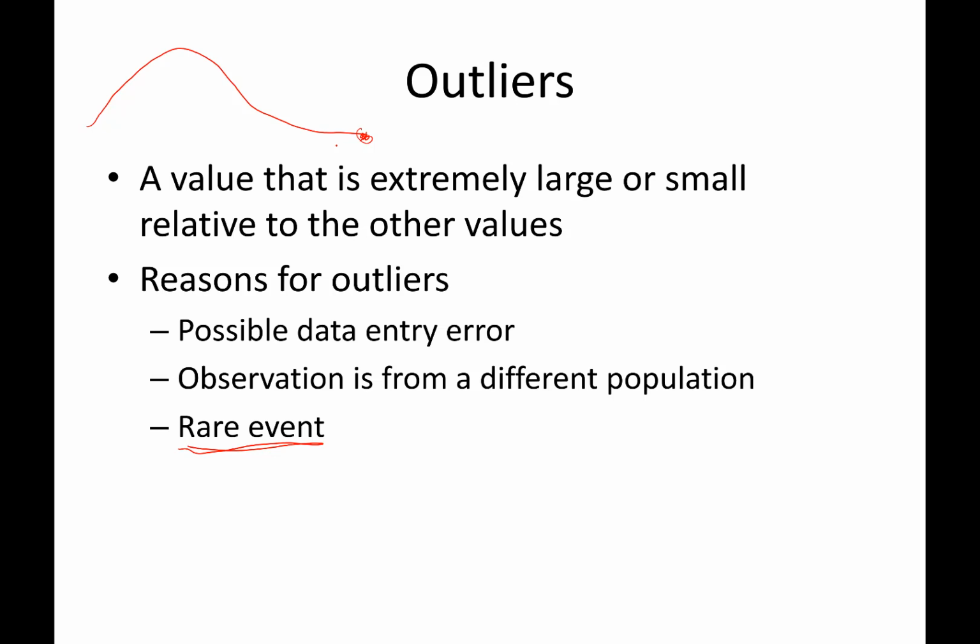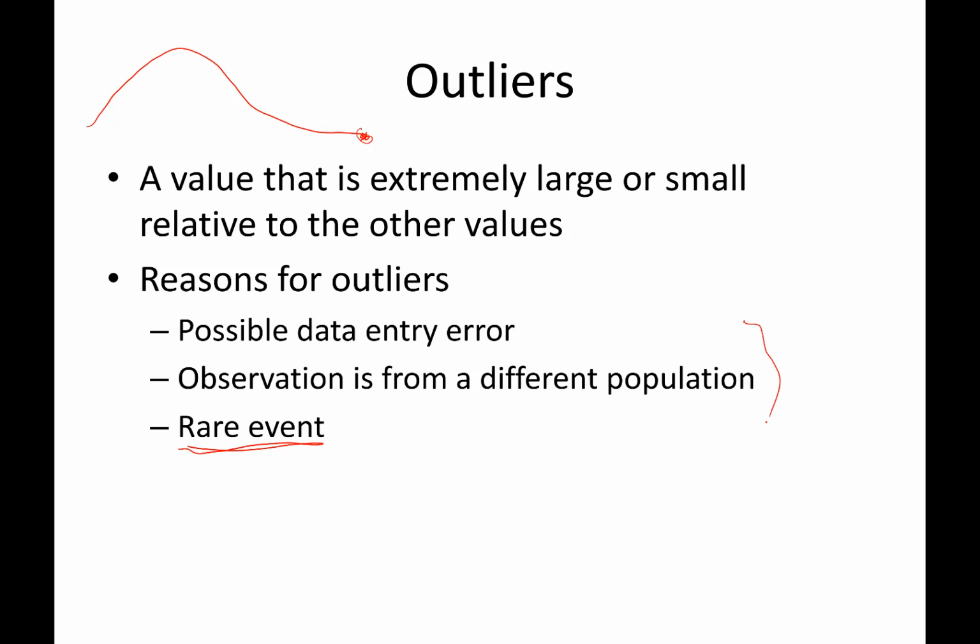A lot of times when we see outliers in our data set, we always want to check what the reason for that outlier is, if we can identify it. There may be times where we don't know why that value is in there. If we find an outlier, then we have to decide: do we keep it or do we discard it?